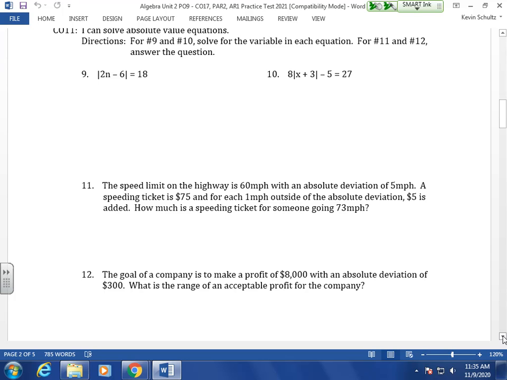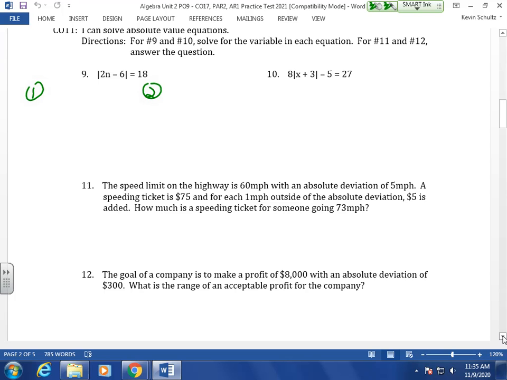My second answer, I got 11, and it's supposed to be 12. So once the bars are by themselves, right? That was the first part of the goal for CO11 also. Once they're by themselves, then you can break it up into your two equations to solve, right? Because 2n minus 6 being equal to 18, that means that this value, 2n minus 6, whatever it is, has to be 18 from 0.